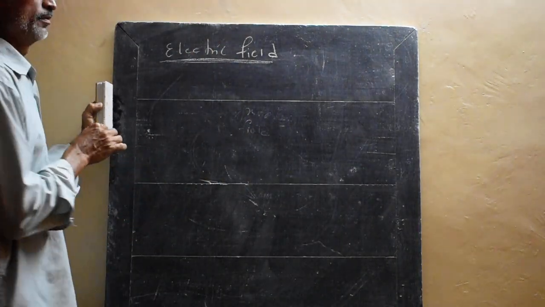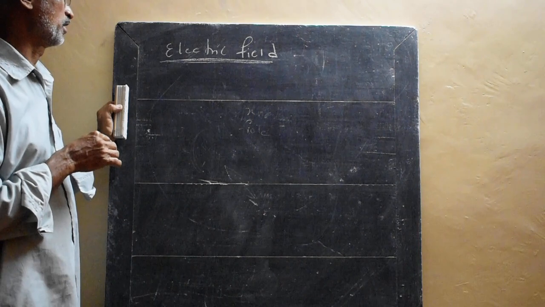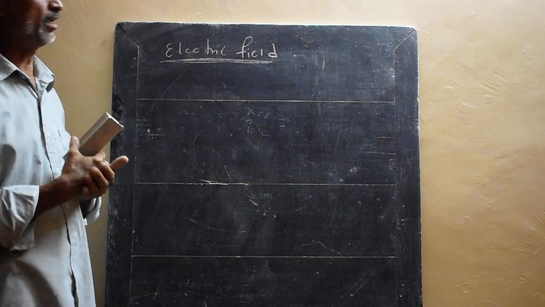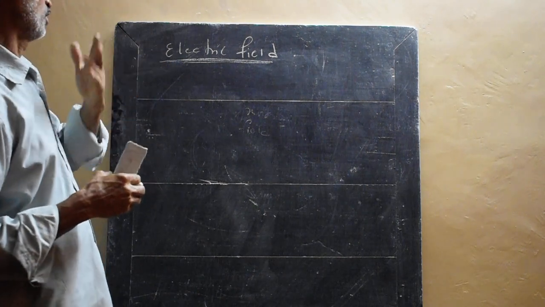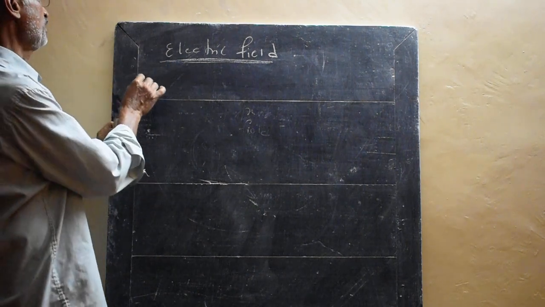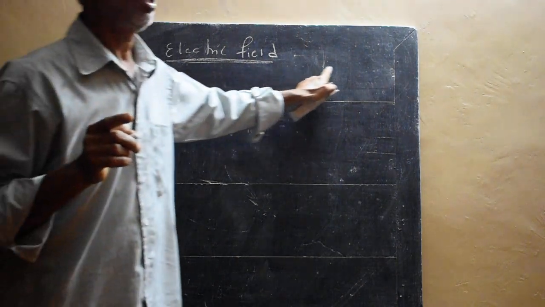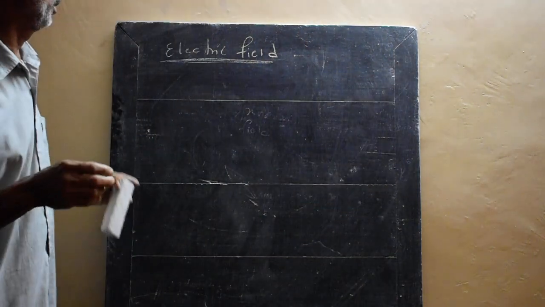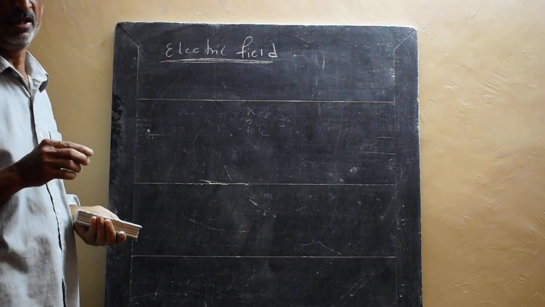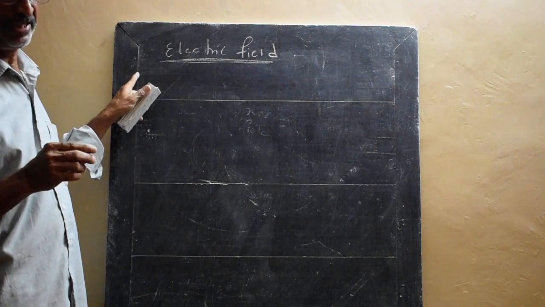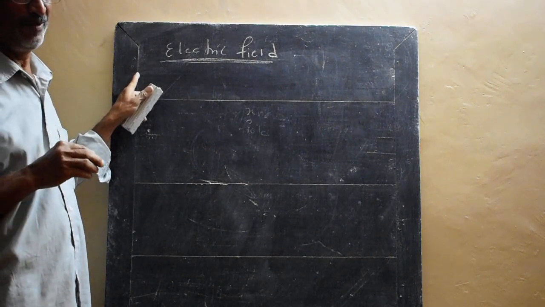Now let us study the electric field in detail. In this section, let us study the properties of the electric field and its effects. Write down the notes, whatever I am writing neatly on the board.